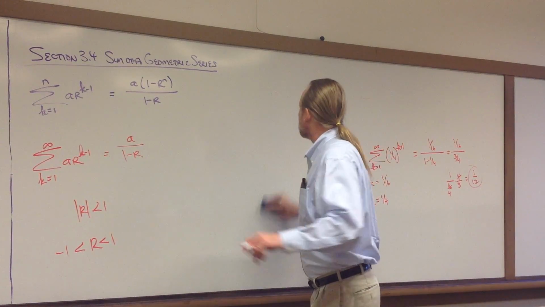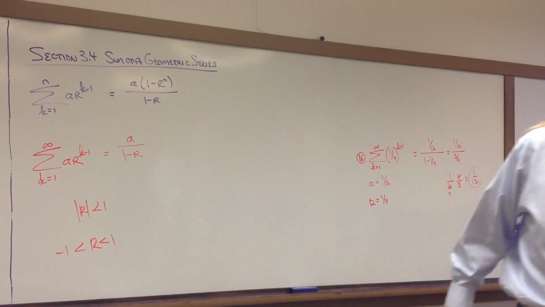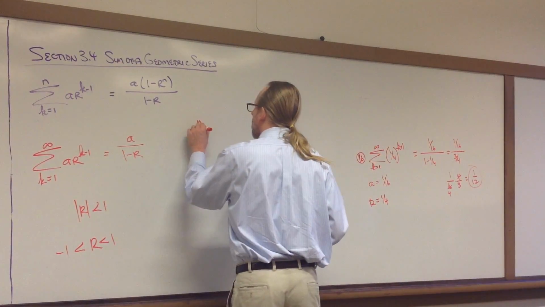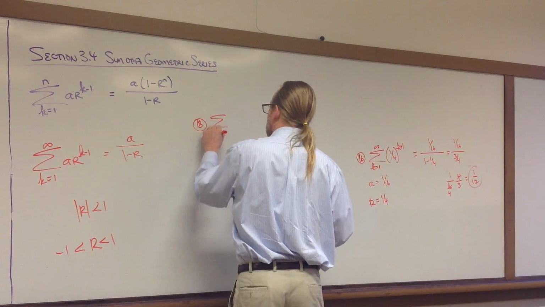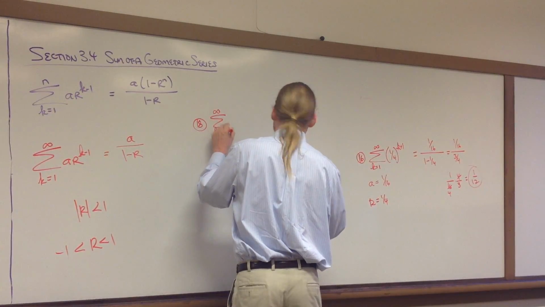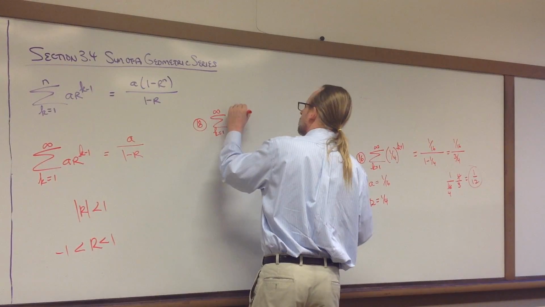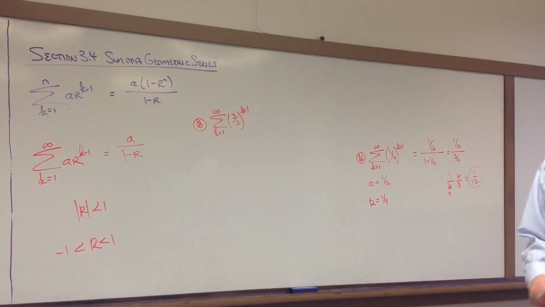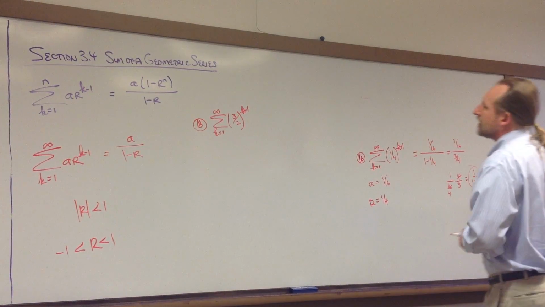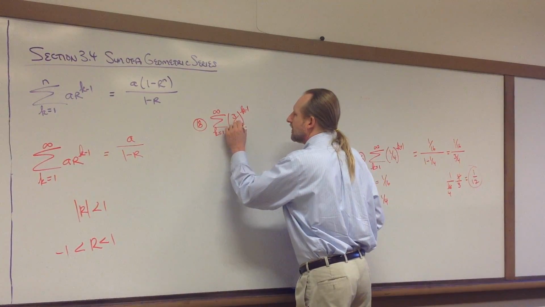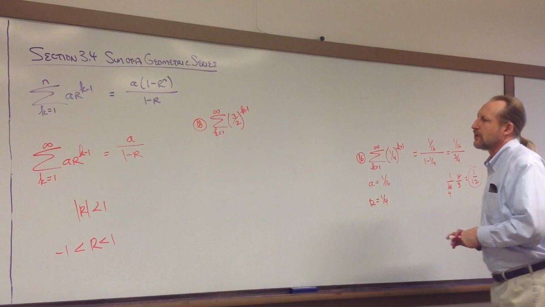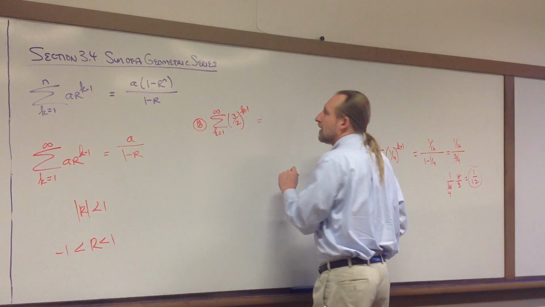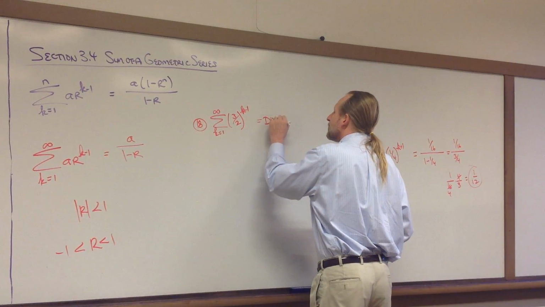Okay, got a couple more problems. And there's a problem in the assignment that is a little bit like this, where if you recognize the problem right away, this is what they call a divergent series.